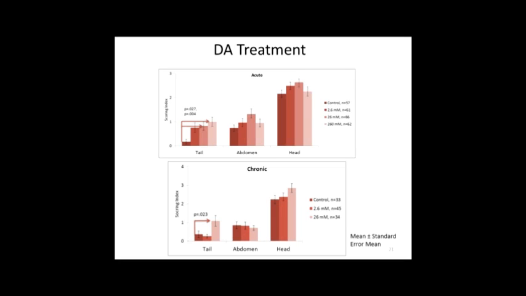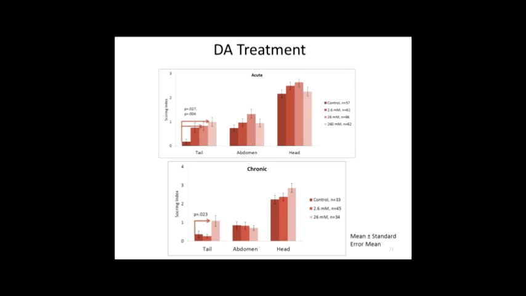In the acute treatments, I used a control, a low dose, a mid-range dose, and a high dose. In the chronic treatments, I only used a control, a low dose, and the mid-range dose. I avoided using the high dose in the chronic treatments because the 260 or 100 millimolar for 24 hours was too much for the larvae and often resulted in death.